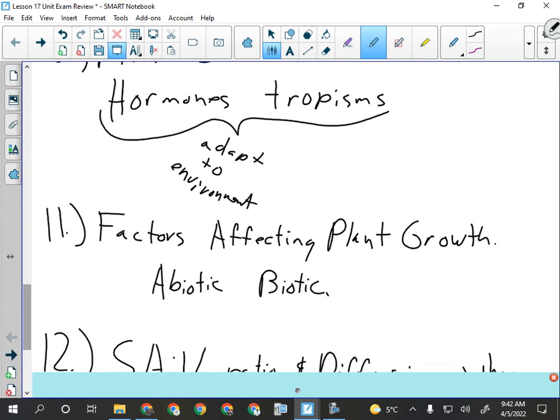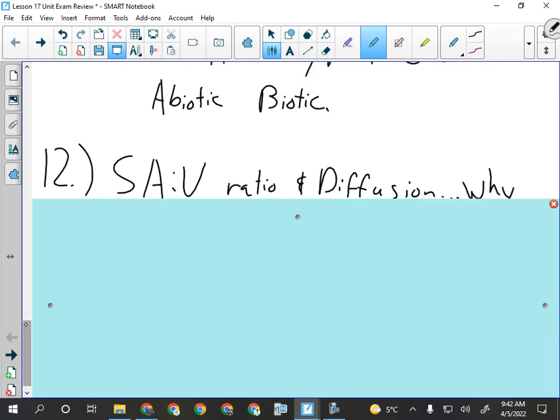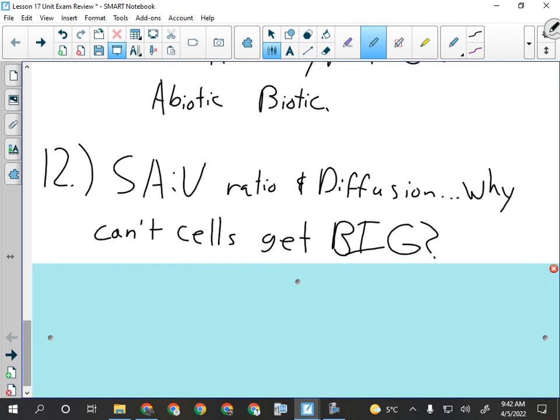Okay. And then we kind of talked about this already, but surface area to volume ratio and diffusion. Why can't cells get big? There is a written response question with 4 marks just asking that. Again, it's a situational question.